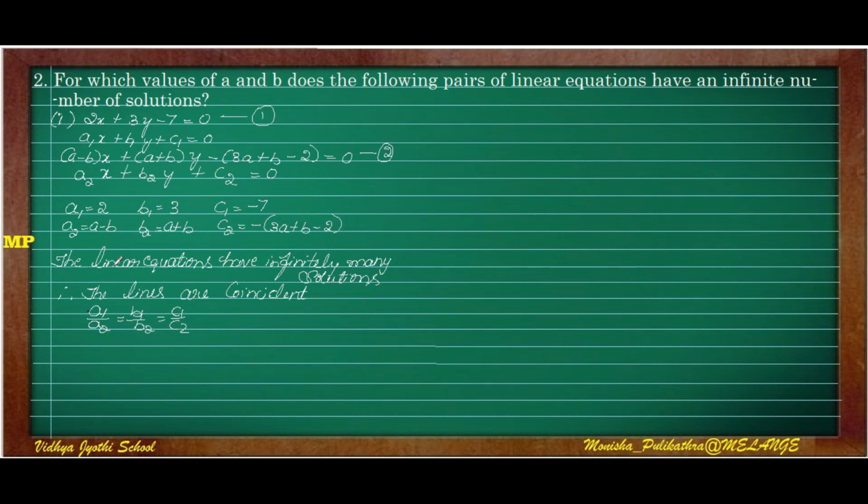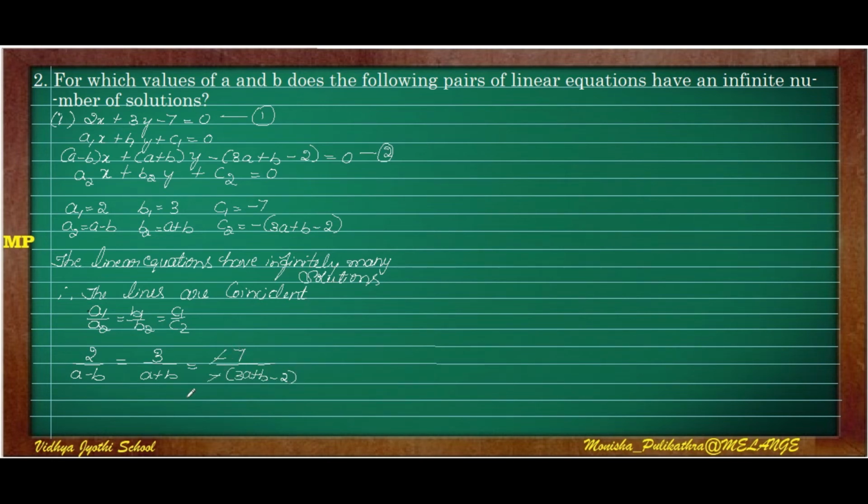In the question itself, they have given the linear equations have infinitely many solutions. If it is infinitely many solutions, the lines are coincident, which is given in the form a1 by a2 is equal to b1 by b2 is also equal to c1 by c2. We have to substitute this. That is 2 by a minus b is equal to 3 by a plus b is equal to minus 7 by minus of 3a plus b minus 2.